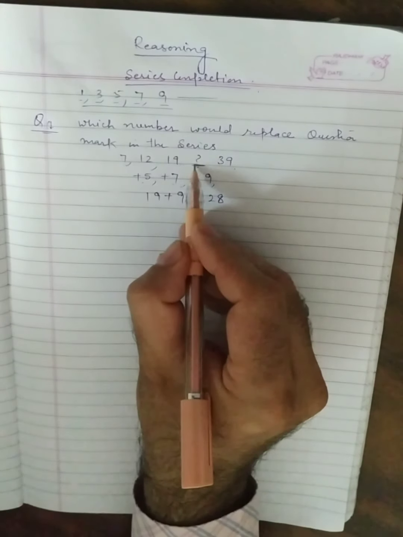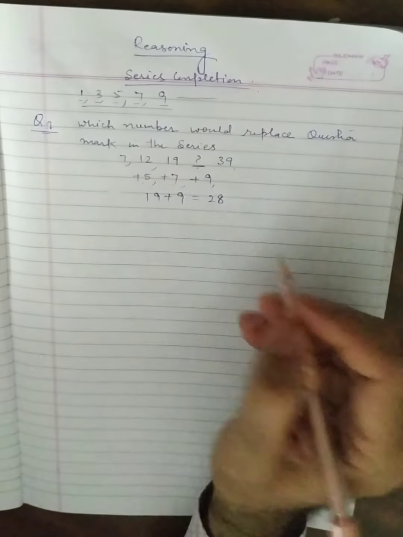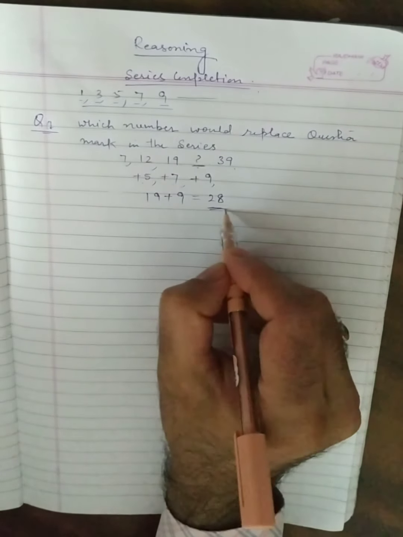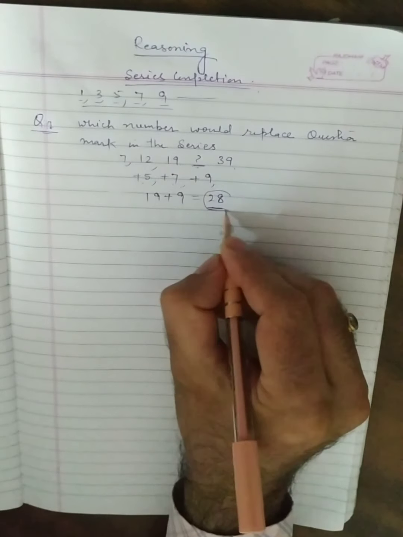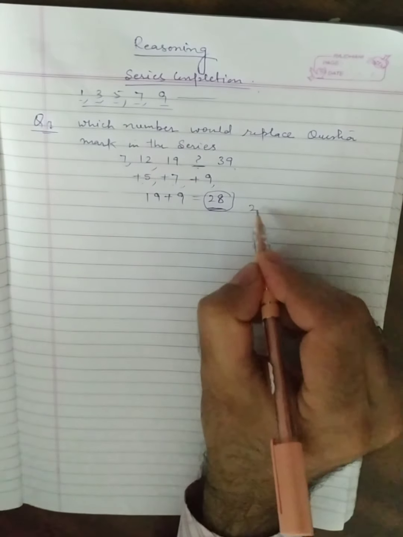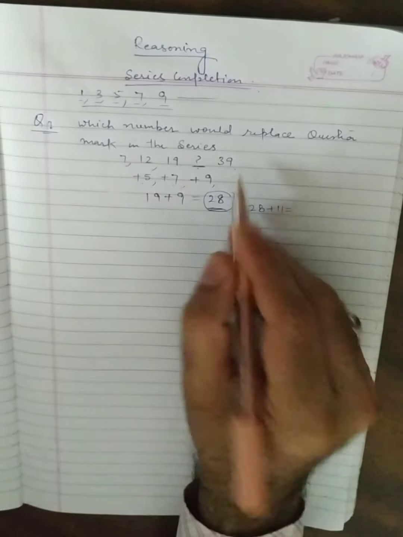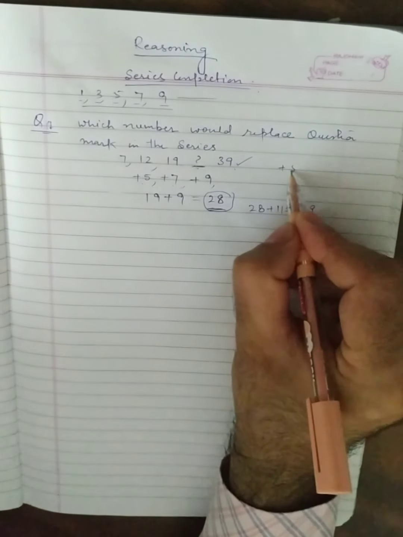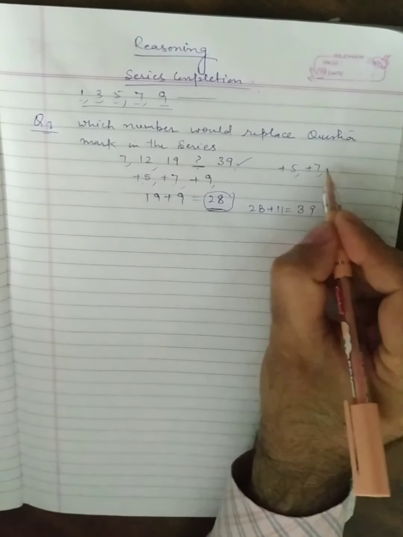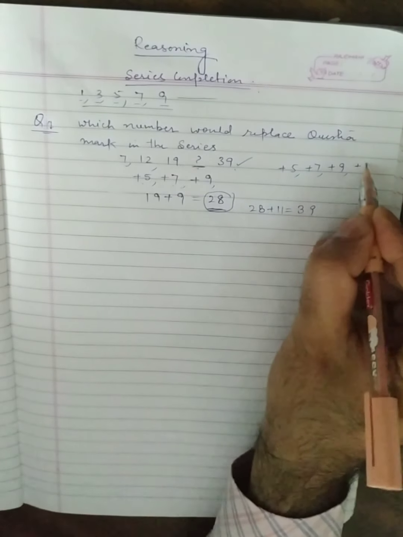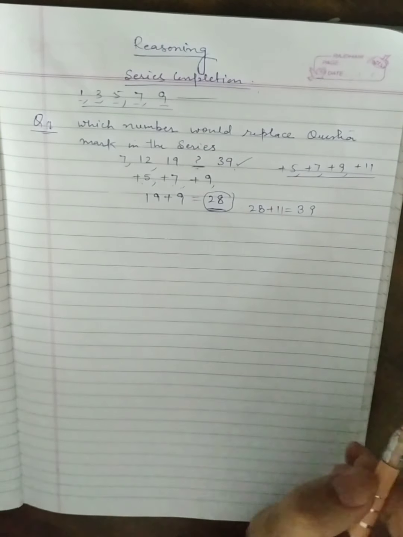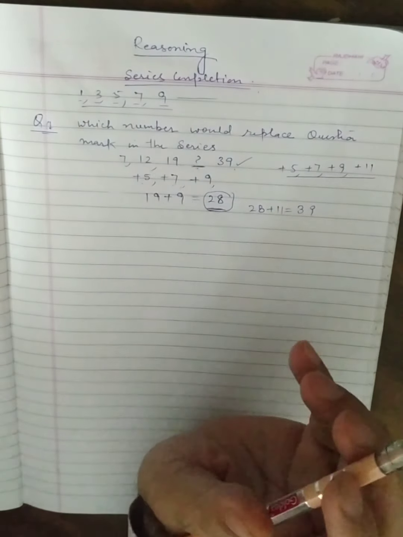So the missing number, the number that replaces the question mark, is 28. It is your answer. Now 28 plus 11 is equal to 39. So the pattern is plus 5, plus 7, plus 9, plus 11. Understand? So you have to complete the series.